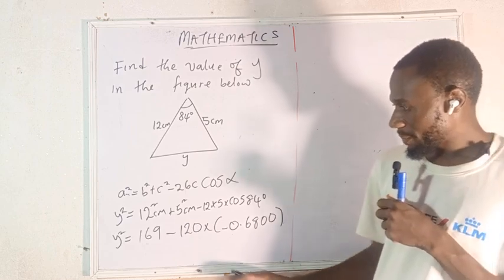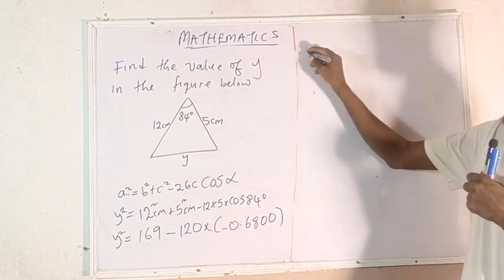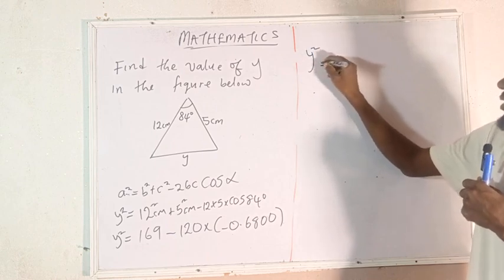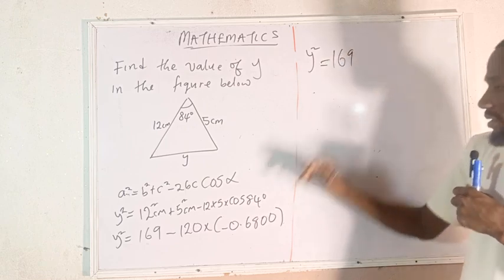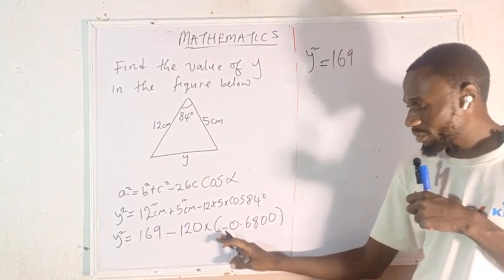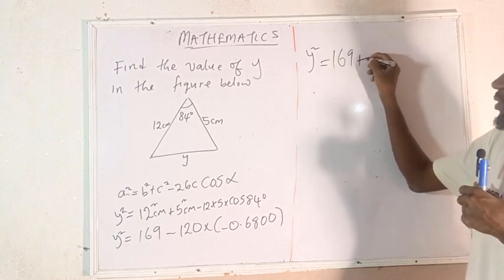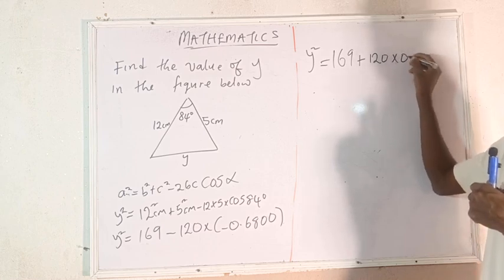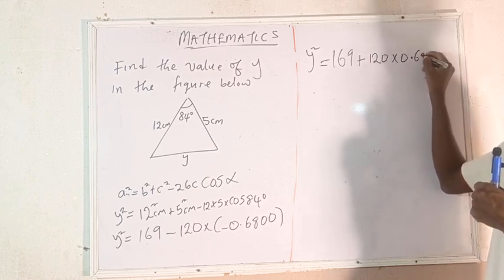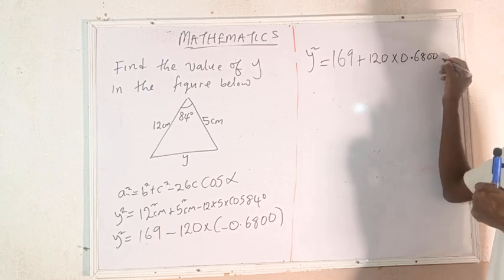And remember, we can continue here. y square is equal to 169. Here minus times minus will be plus 120 times 0.6800.